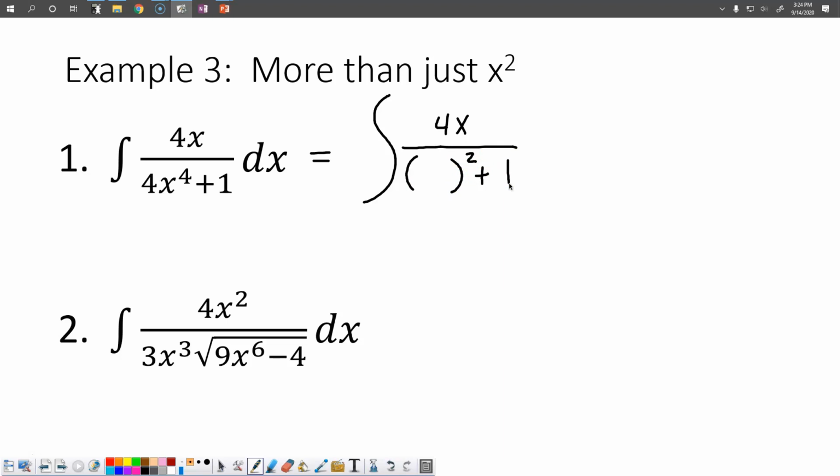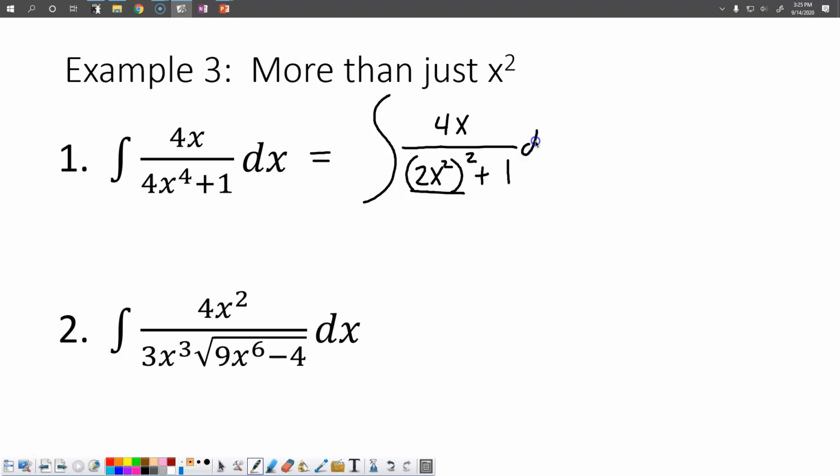So what would I put in here so that when I square it, I get this? What would I put in the parentheses so that when I square it, I get this? Well, the answer would be whatever the square root of that is. Okay, so let's go ahead and take a look at that real quick then. So if I put in here 2x squared, if I square that, don't you guys see that's just going to give me this? So all I've done is I've rewritten this thing so that it's written as a square instead.